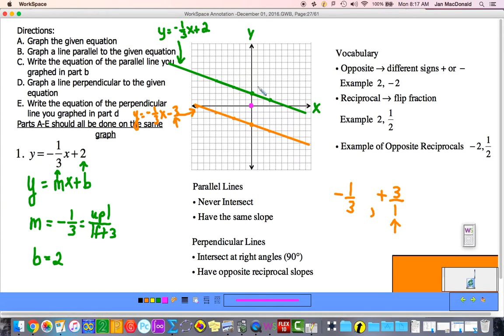Up 3, right 1, up 3, right 1, up 3, right 1. That's the same as down 3, left 1, down 3, left 1.